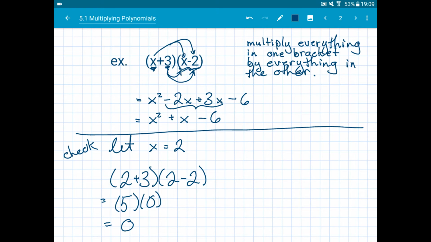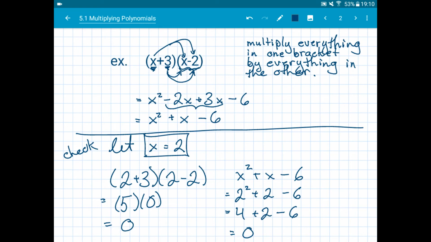Now let's try the other one. x squared plus x minus 6. Put a 2 in. 2 squared plus 2 minus 6. It's going to be 4 plus 2 minus 6. This will be 6 minus 6, which is also 0. So this doesn't prove anything, but it does show you that when we pick some random value for x, it actually does work. We get the same value when we use both expressions, so they appear equal. So x plus 3, when you multiply it by x minus 2, you do get x squared plus x minus 6.